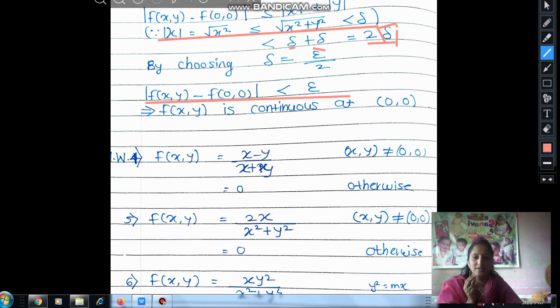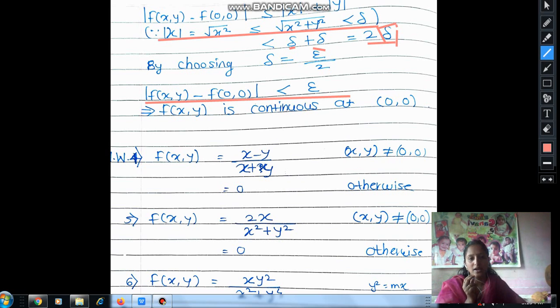These are some examples for homework. Try them independently, and if you have any difficulty, then ask me later. You understand that if the iterated limits of the function exist and they are equal, the function is also continuous. If the iterated limit does not exist, then also the function can be continuous.